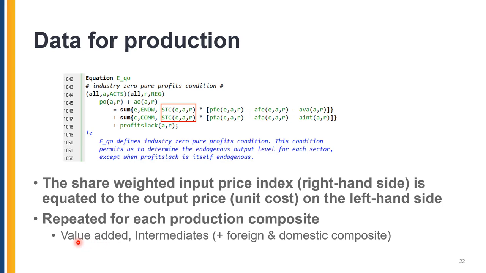Because the value-added price index aggregates up into the sector output nest, and so we'll need shares there. When we look at our intermediate composite, we'll need a different set of shares. And that's what we're going to spend our time on in this lab, lecture, demonstration, session, whatever you want to call it.